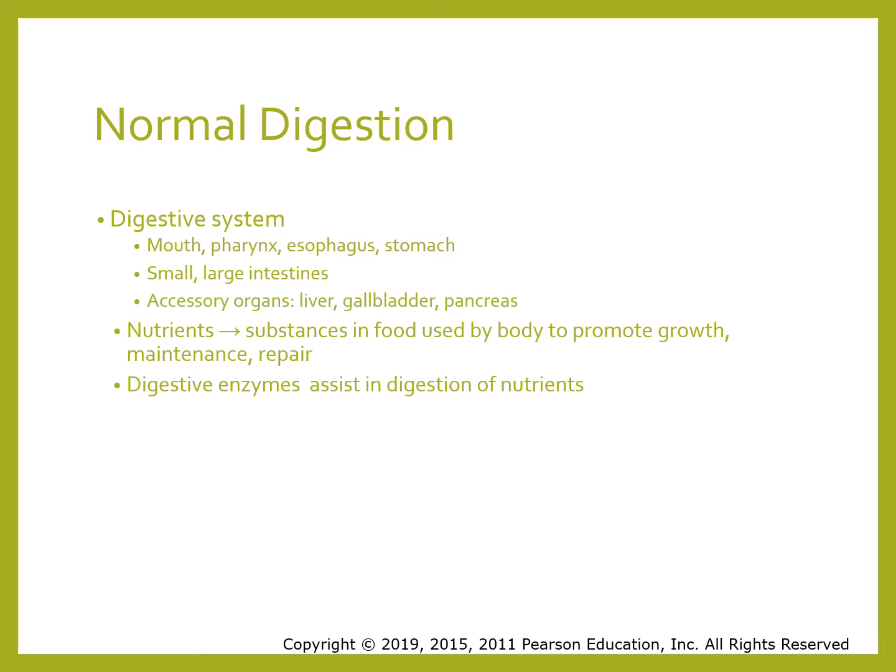And eliminating waste, because we know when we eat and the body absorbs what it needs, the rest of it's considered waste. It works congruently with the metabolic system for secretion of digestive enzymes, which aid in digestion of the nutrients. We have to have these enzymes that break it down. Appropriate amounts and proper utilization of nutrients allow the body to function at optimal ability.